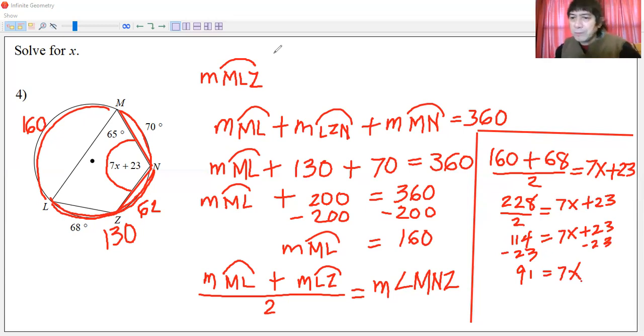And so we divide both sides by 7. And that should be about, how much is that? That'll be 13. X equals 13. Yes, x equals 13. Yes, that's the answer.